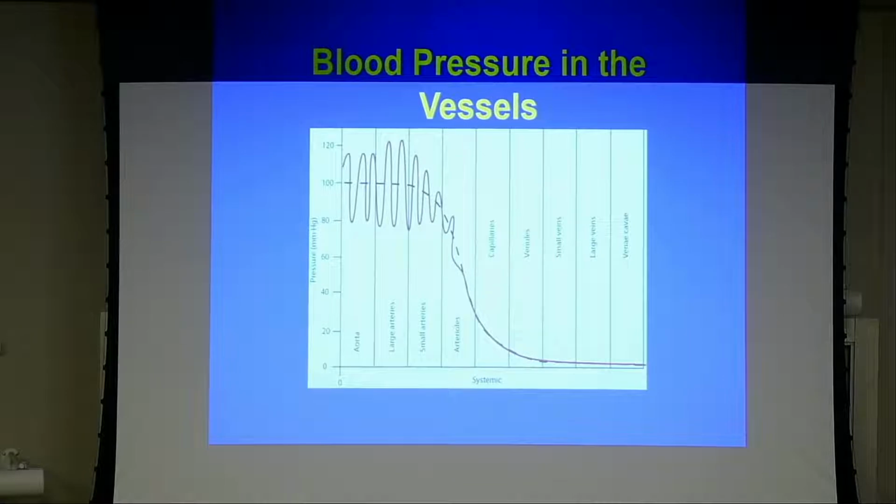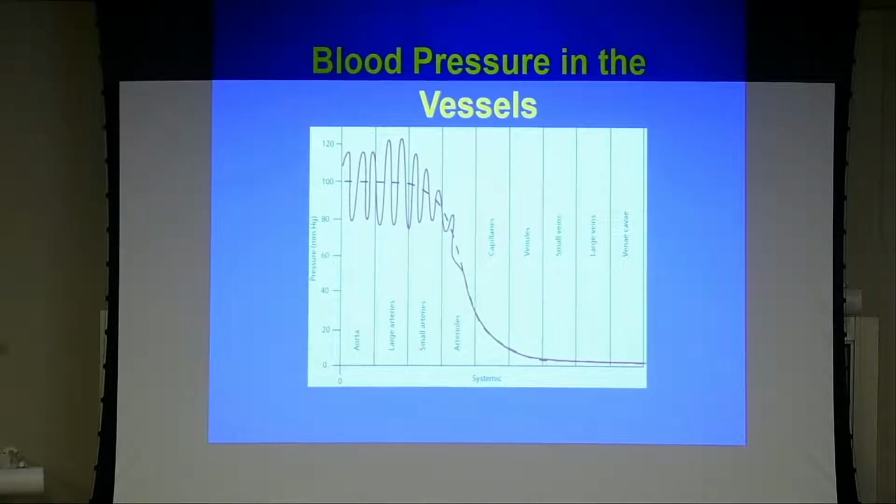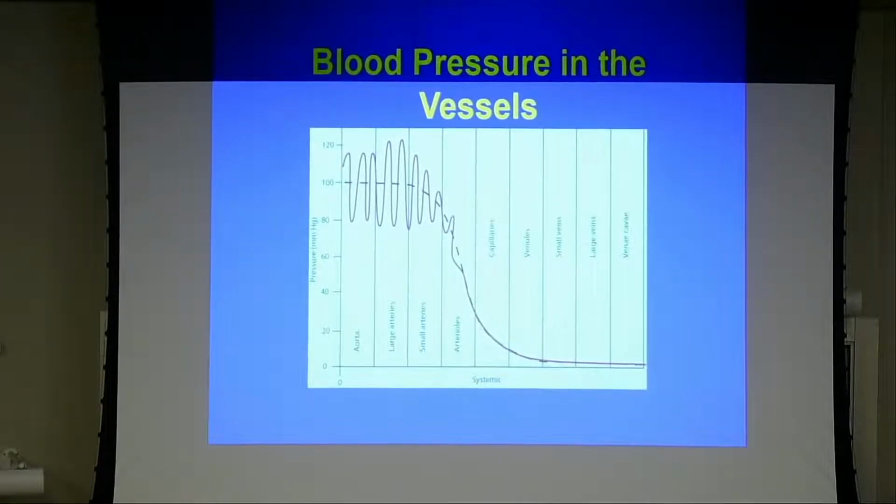But you also notice that there's a pressure here. This is the pressure in millimeters of mercury. And so the pressure in the system falls as we get farther and farther away from the left side of the heart. And as this pressure falls, by the time we get out into the capillaries and into the venules, in the return system, this is the low pressure return. This is the 3 to 5 millimeters of mercury.